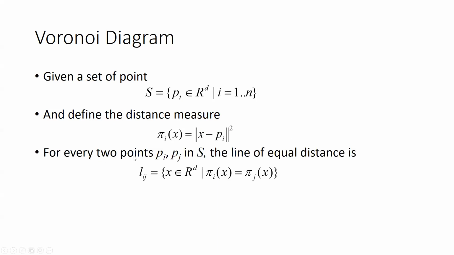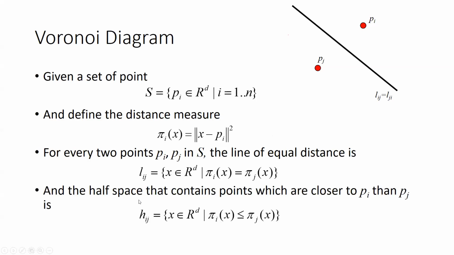For every 2 points, the perpendicular bisector of ij is the set of all points X in the space such that they have the same distance from point I and point J. So these are all the perpendicular bisector of ij. For example, if I have 2 points here, this is Lij, and you see that Lij is equal to Lji, because the perpendicular bisector of ij is equal to the perpendicular bisector of ji.